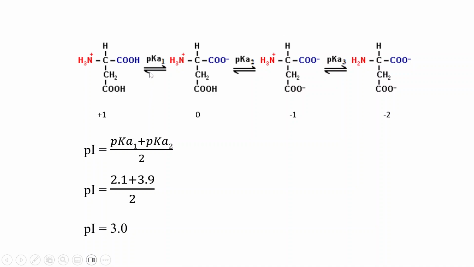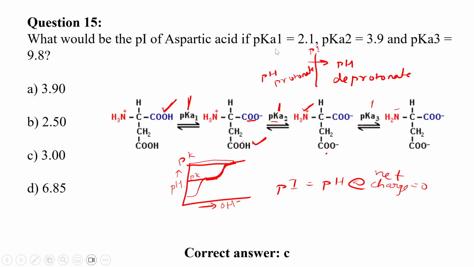So if I have to calculate the pI, I will basically do (pK1 + pK2) divided by 2. That is the average of these two pK. So pK1 is given as 2.1. If you see in the question, pK1 is given as 2.1, pK2 is given as 3.9.